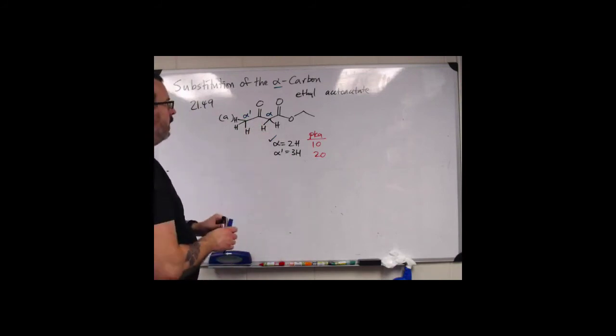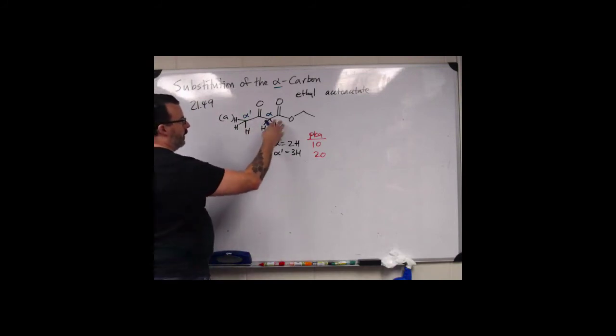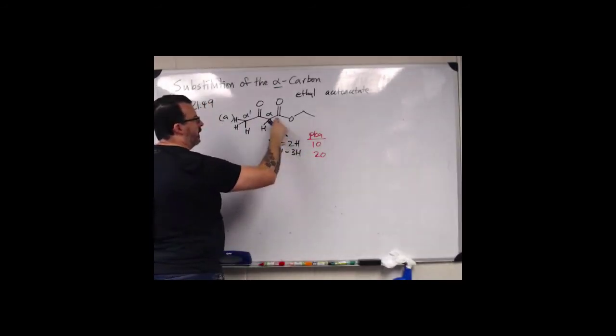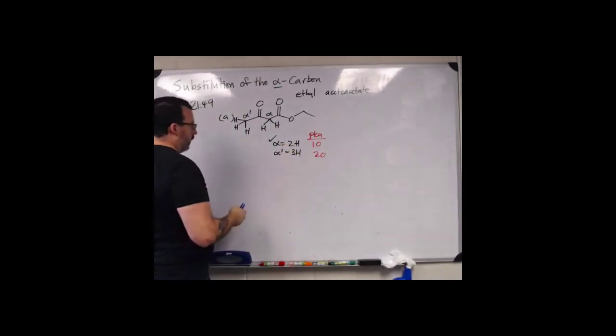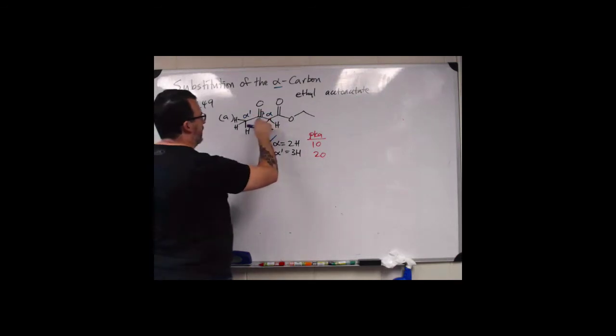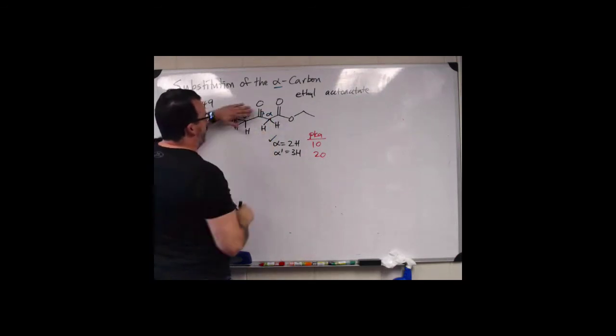way of describing this, so this is an ester. If we're looking at this carbonyl specifically, and we label the chain, so we have alpha, this is going to be beta. So we're not considering my alpha prime here. So we have alpha, beta.